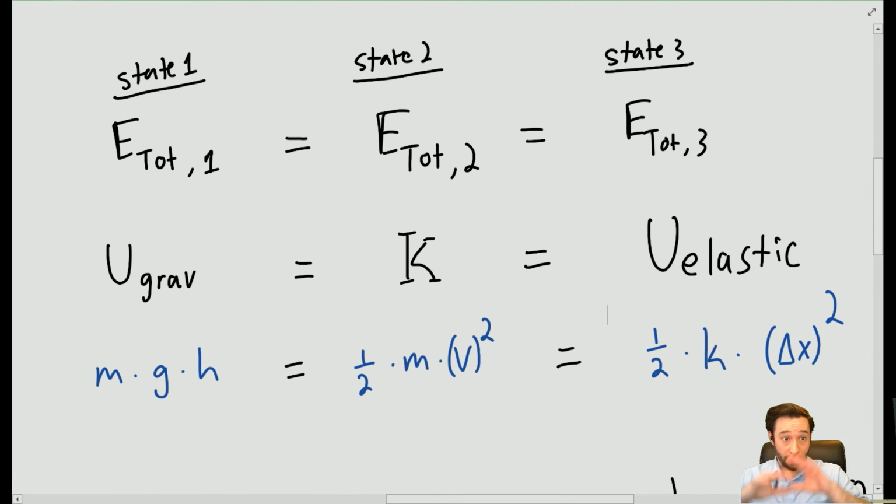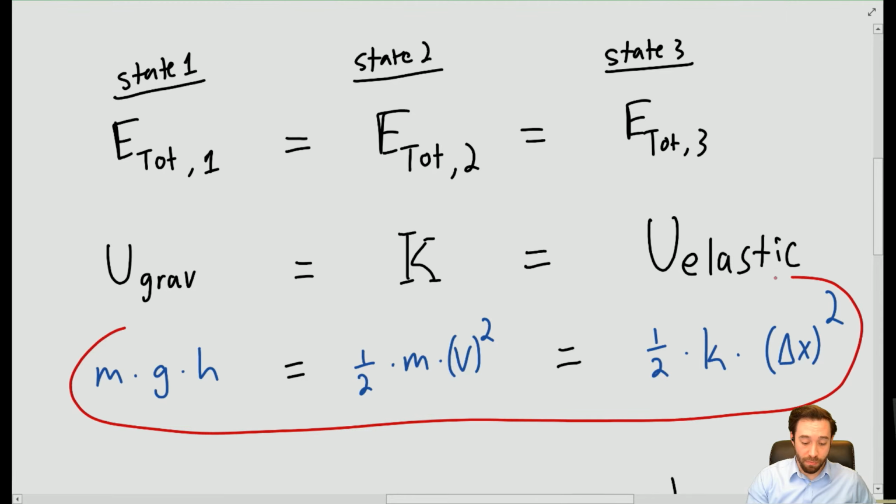Now that we've got this, what this represents is our conservation of energy equation. All of this might look a little intimidating, okay?